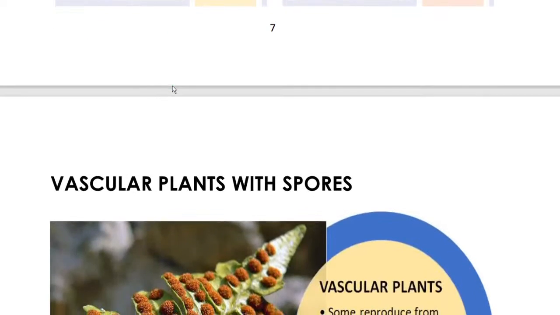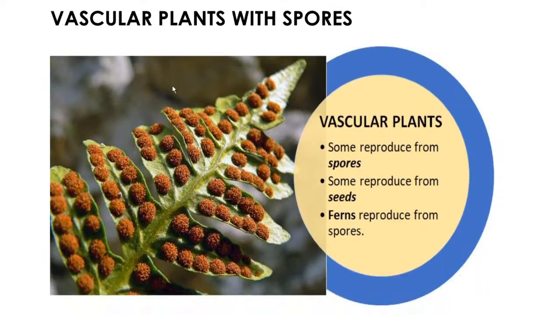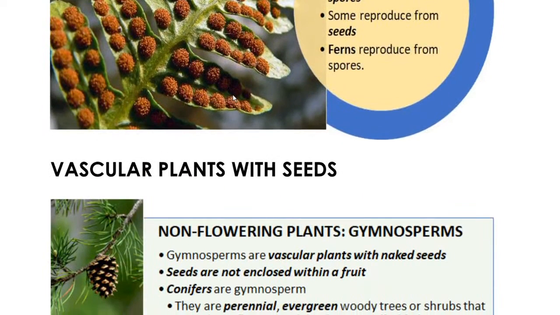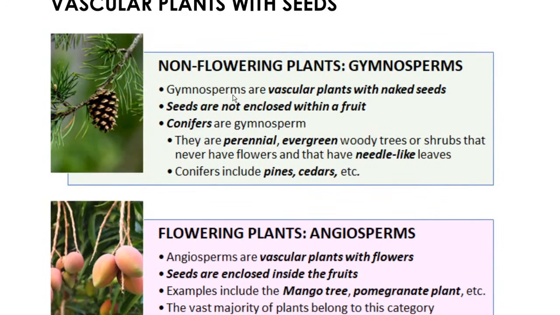Then we have vascular plants, which are plants with leaves and kind of roots. In this case, we have vascular plants with spores. The case of ferns is very important. And now we are going to see this part.